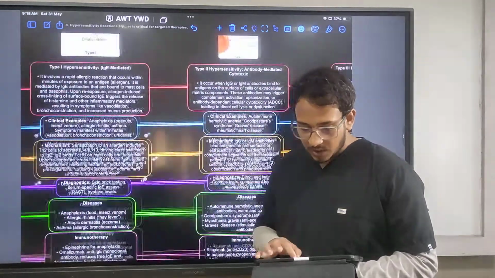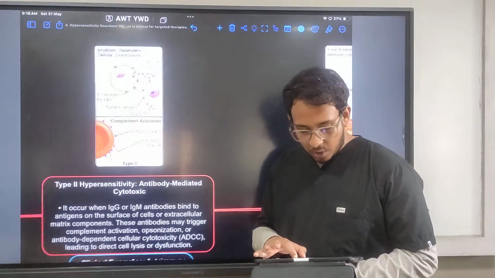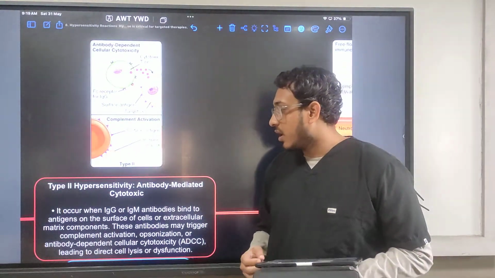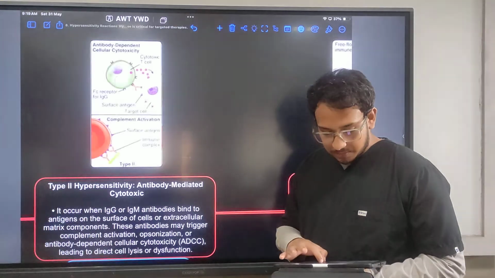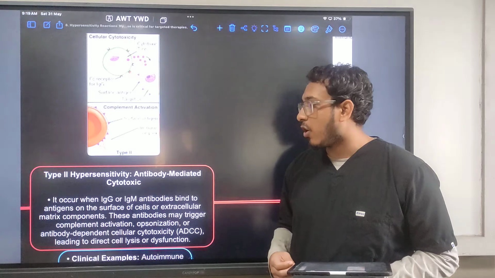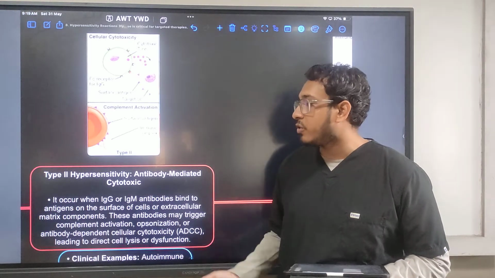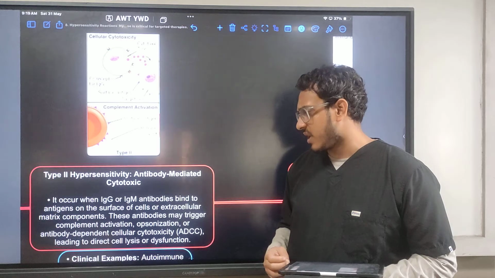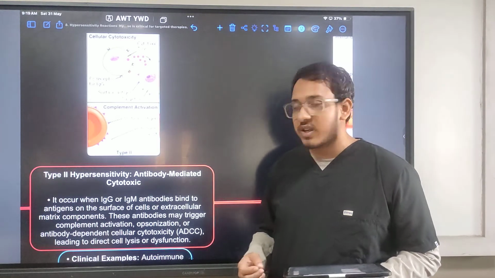Coming to the type 2 hypersensitivity reaction, it is antibody mediated. So this will occur when the IgG or IgM antibodies bind to the antigens on the surface of the cells or extracellular matrix components.